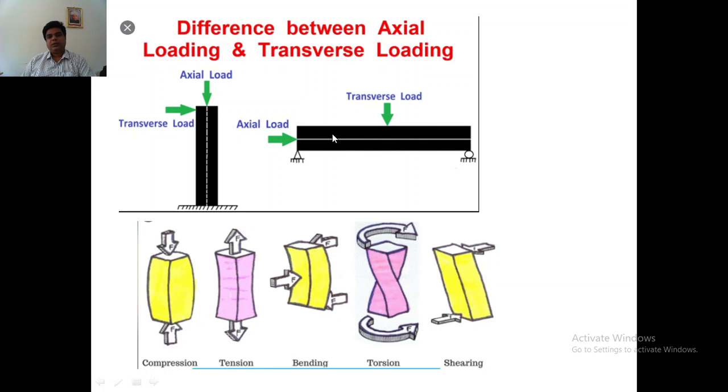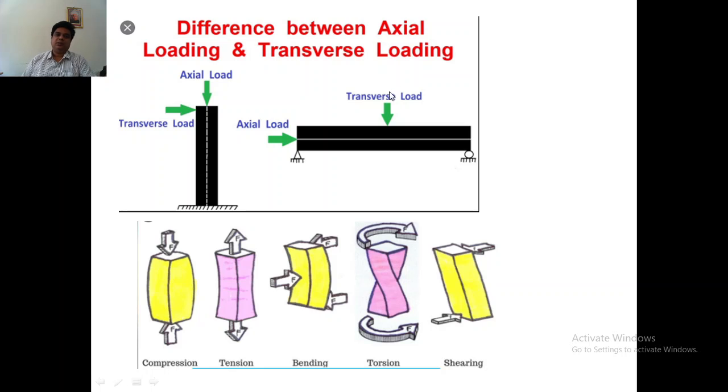So whatever may be the configuration of the structure or member, basically based on the direction in which the load is applied, we call them axial load or transverse load. Again, in this case, when the load is applied along the axis of the beam or the structure, it is called axial load. Similarly, when you apply the load perpendicular to the axis of the structure or member, it is called transverse load.